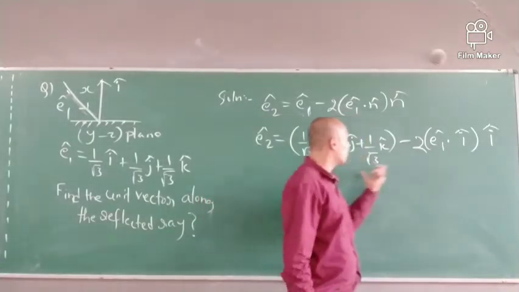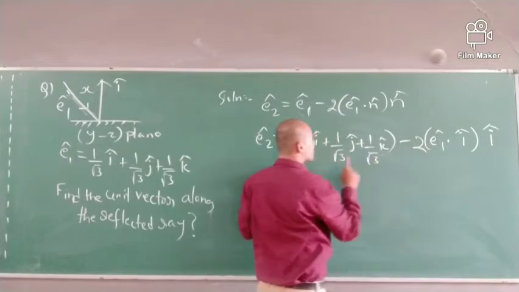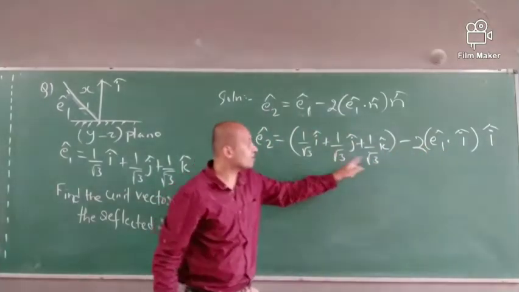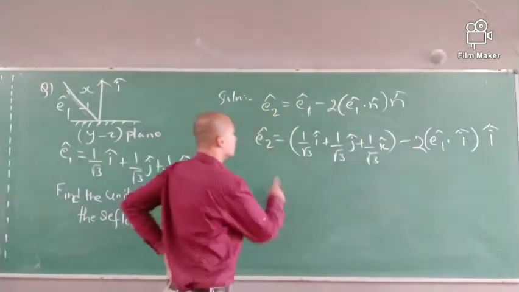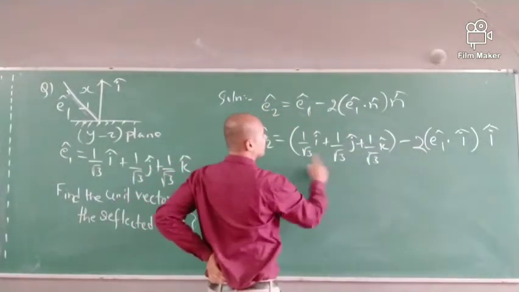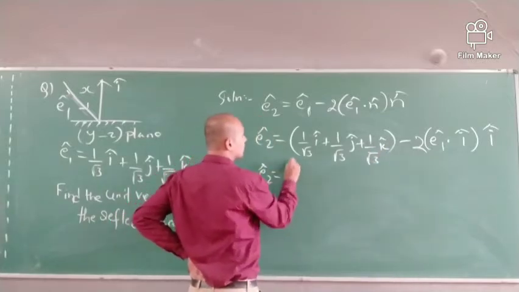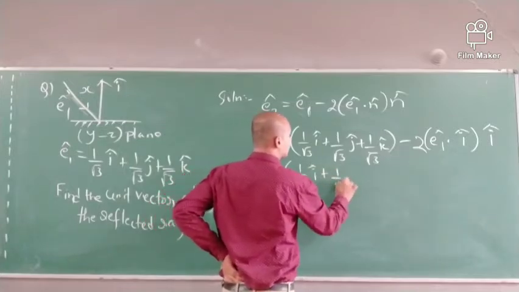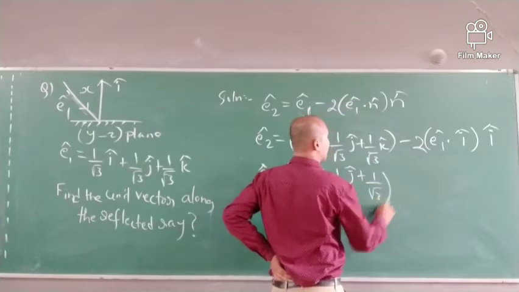If I apply the distributive law on this, it will become i dot i, j dot i, k dot i. So j dot i and k dot i become zero and cancel.